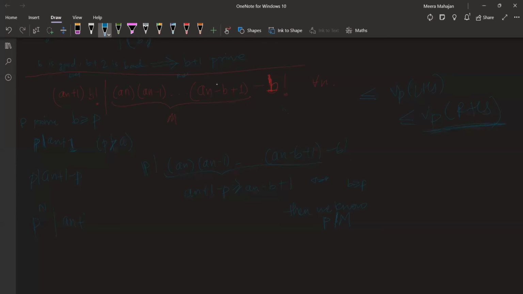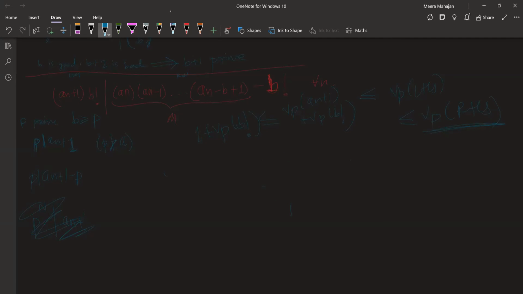What is the VP of LHS? We know the VP of LHS is at least VP of an plus 1 plus VP of B factorial, right? And we know that P divides an plus 1 because we have taken so, and hence we get 1 plus VP of B factorial is at least this.